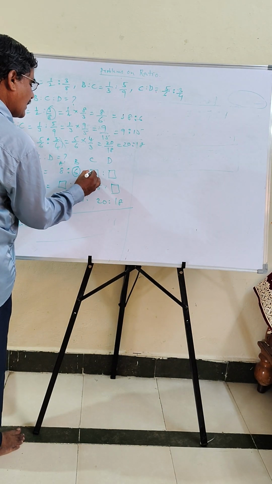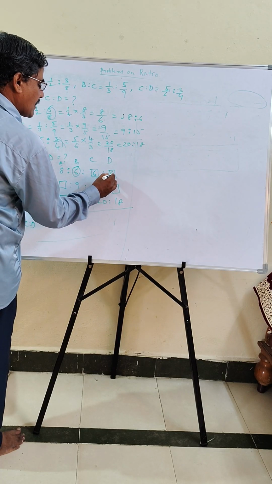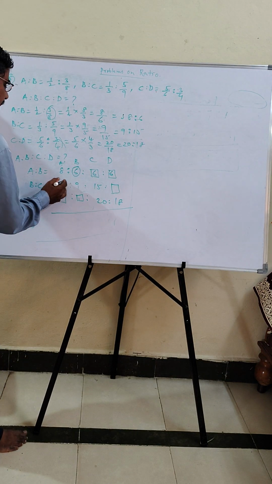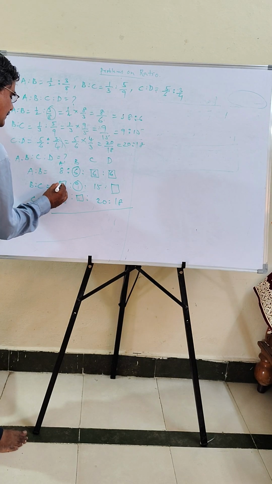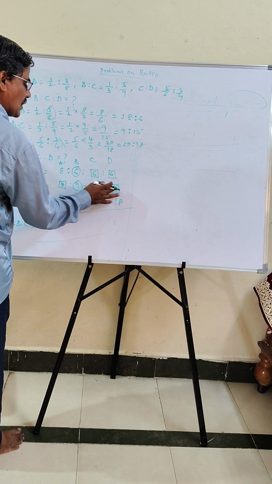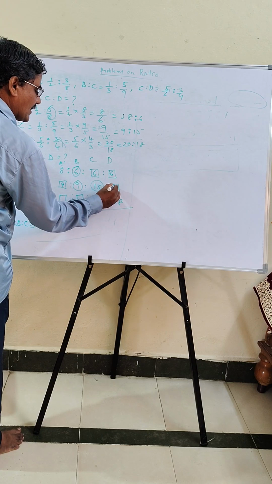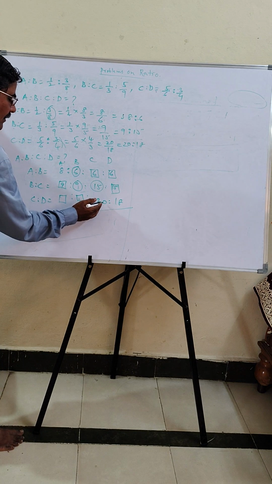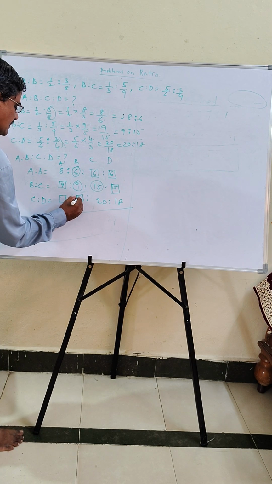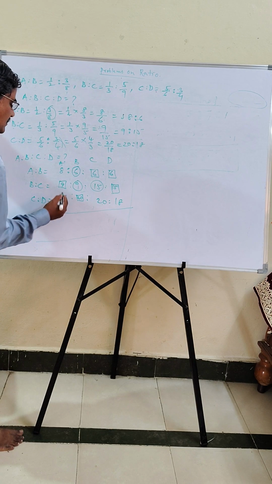Therefore, we have to write here 6. Here also write 6, as there is no A. We have to write here 9. There is no D, so we have to write here 15. Here is 20, that's why I write 20. Here also 20.